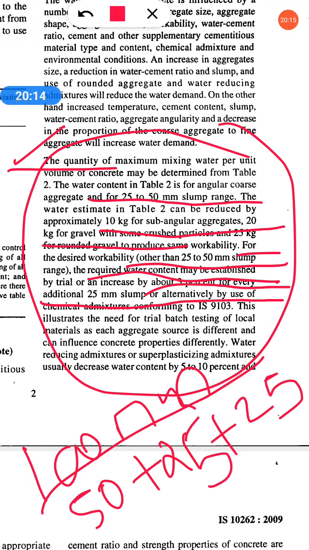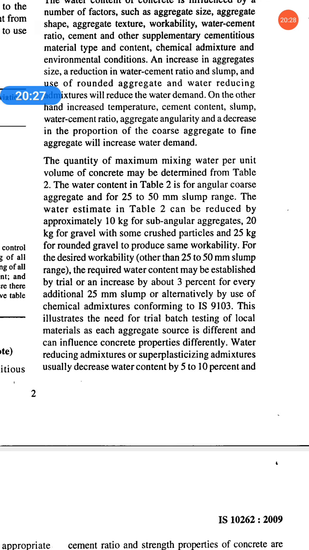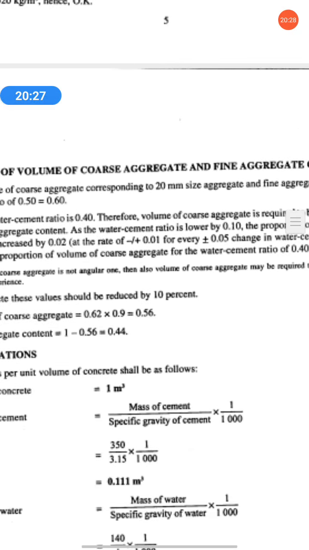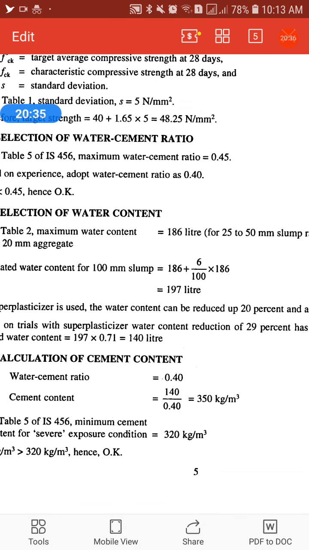So for this 25 at 3%, for this 25 at 3%, so total 6% you have to add as additional water to it, for having 100 mm slump. So likewise we have done here. So our water will be 197 liter.